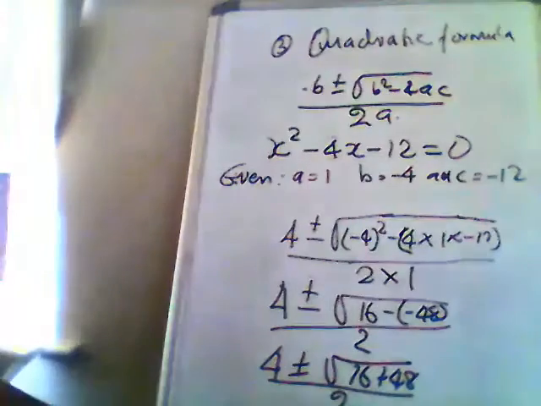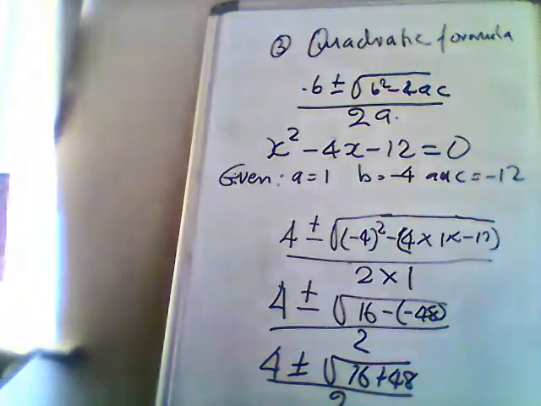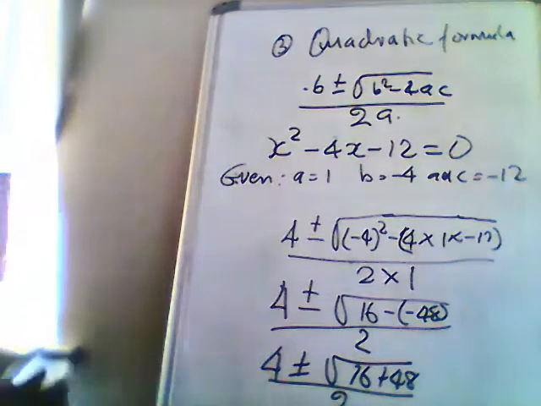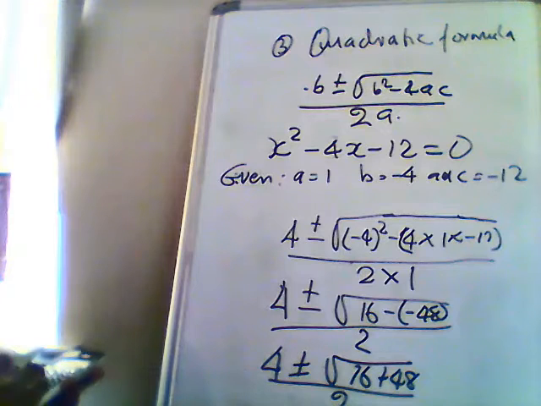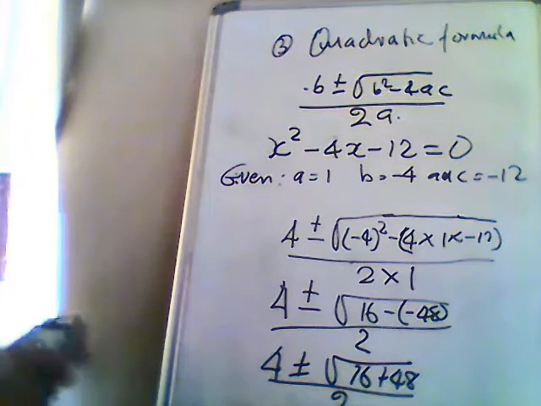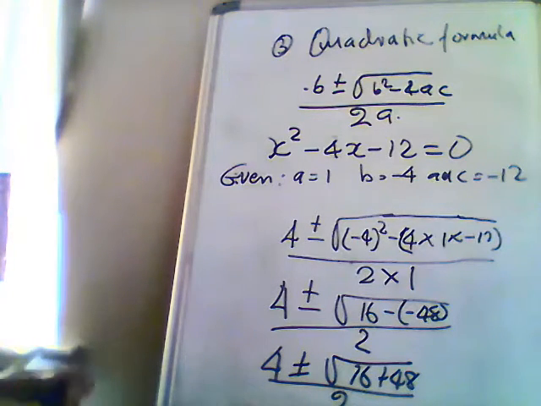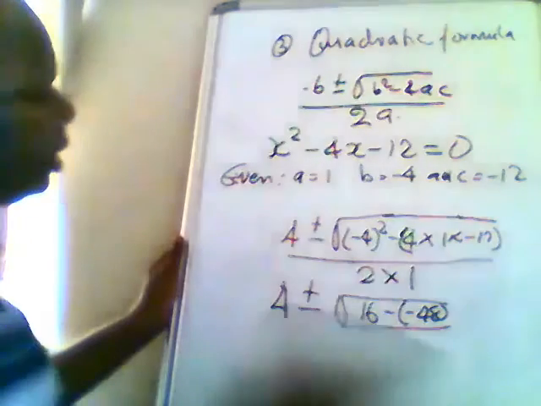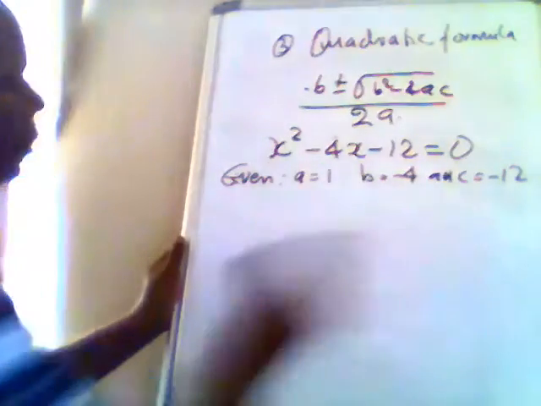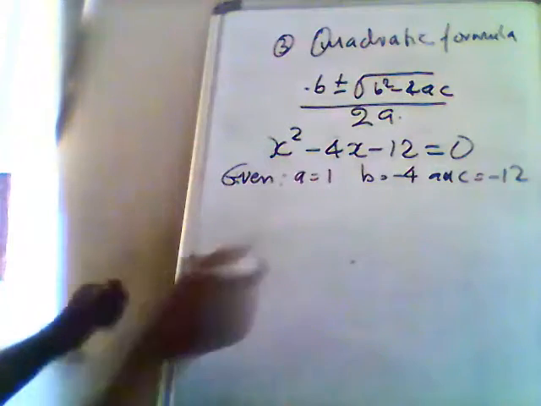Let's see what that gives us. 16 plus 48 will give us 64. I'm going to go up again because I know you can't see there.